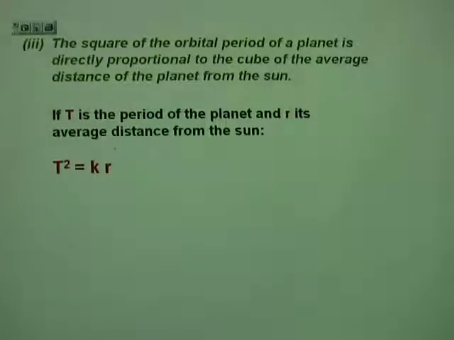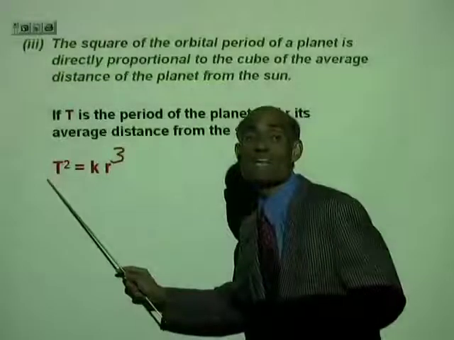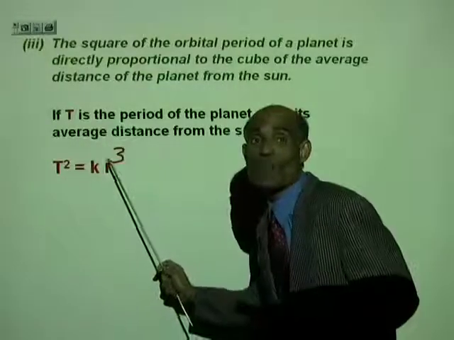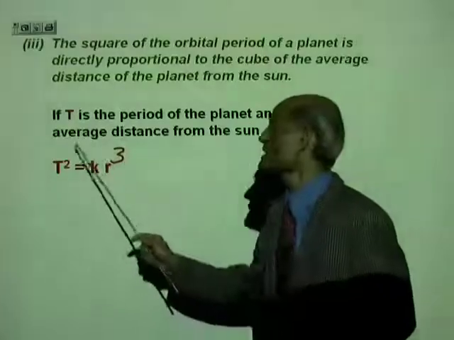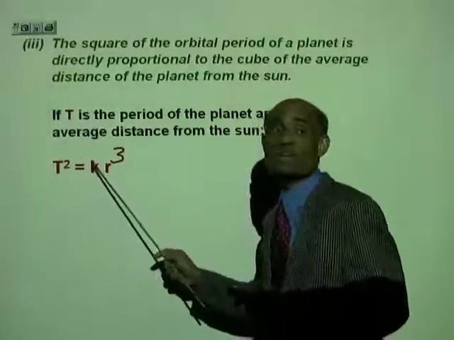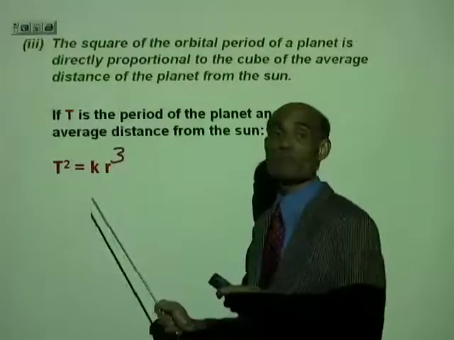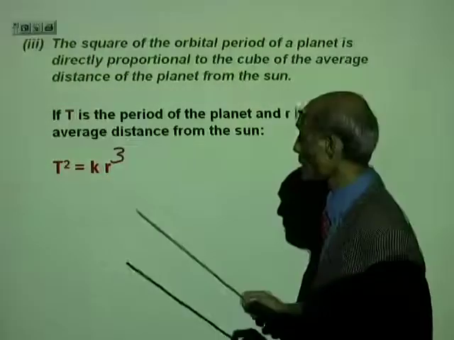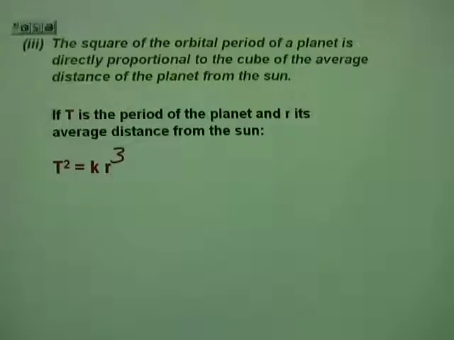The square of the period is proportional to the cube of the average distance. If r is the average distance, it means T squared equals k r cube. So make that correction there, where k is a constant. Well, let me go back and get rid of it.